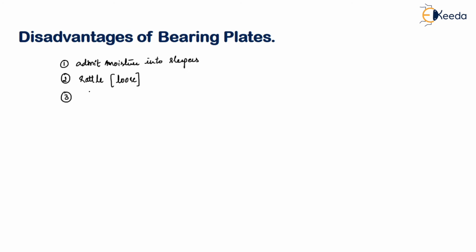So that is also one of the disadvantages. So, spike injury, you can tell. Whenever a spike is getting injured, you have to remove all the spikes, remove the bearing plate, drill a new hole, and then fit it. A lot of work will be involved. So those are the disadvantages of using a bearing plate.